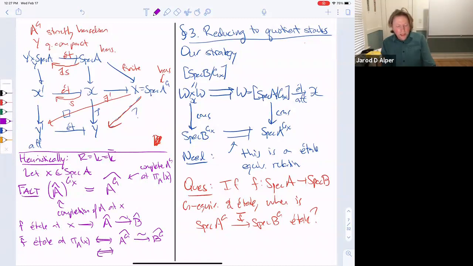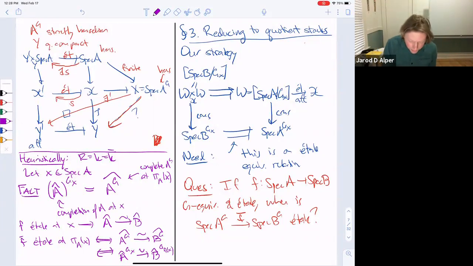But by this fact, we have identifications. And so that tells us that what we need is that the invariants of the completion of A at X, with respect to the stabilizer of X, should be equal to the invariants of B completed, with respect to the stabilizer of the image of X.